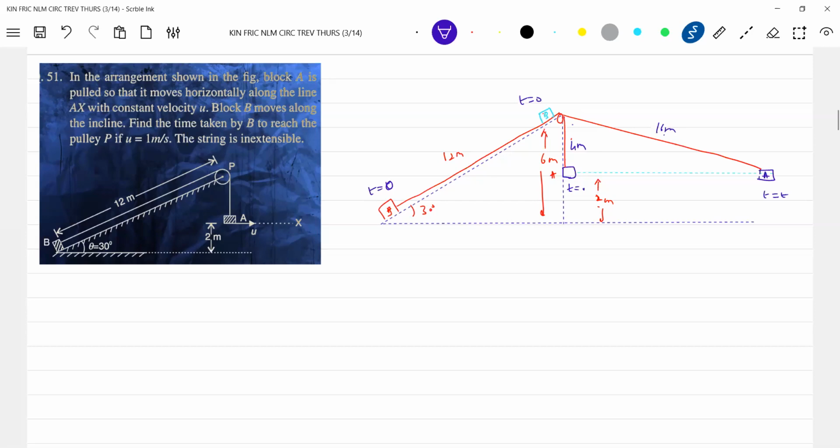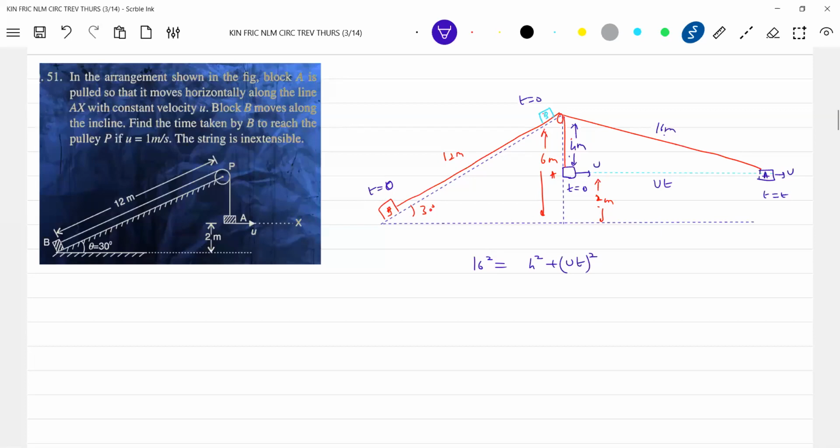If this is 16 meters, this is 4 meters. Okay, what can be this distance? This should be equal to U into T. So 16 square is equal to 4 square plus (UT) square. No need of constraint also; that condition has to be assumed clearly.